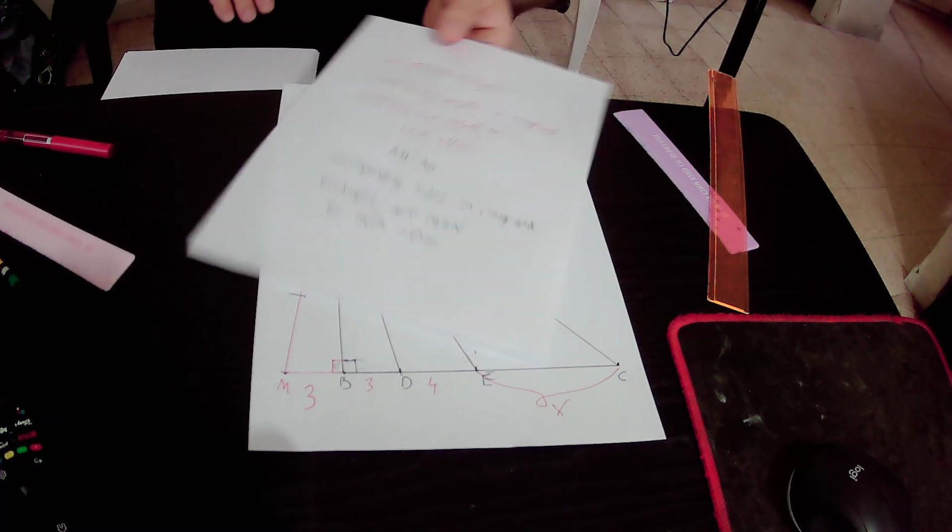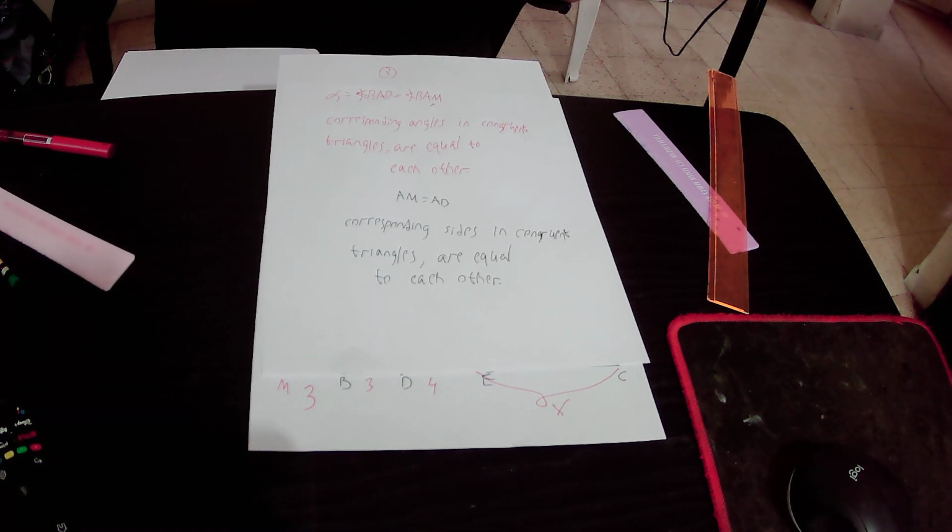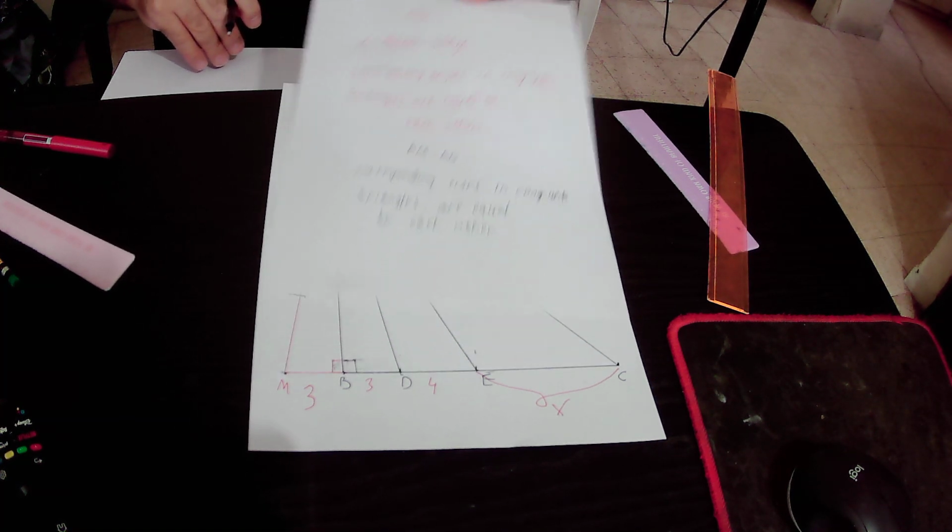Again, AM equals AD according to the rule that corresponding sides in congruent triangles are equal to each other.